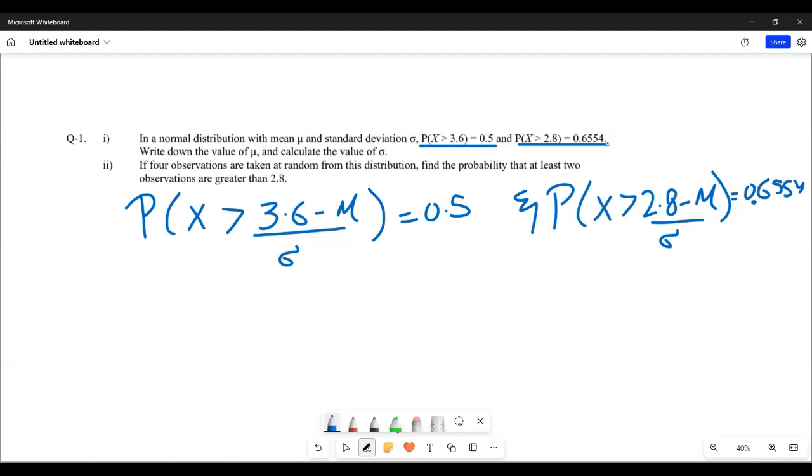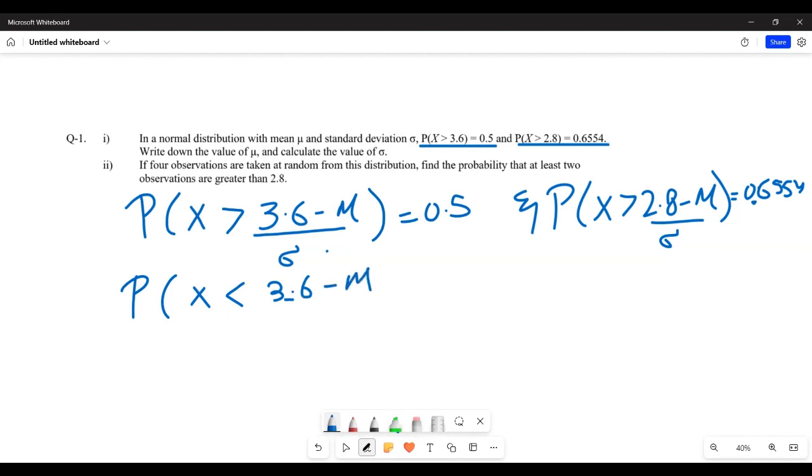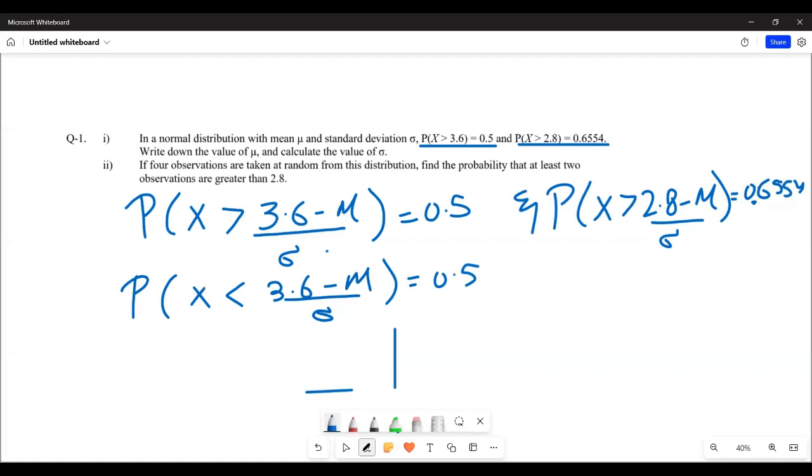Now we can't read the table directly because this is greater than and this is greater than. The table is read when we have less than. So if probability x is greater than this is 0.5, then probability x is less than this should be 0.5 as well, because 0.5 is exactly in the middle.